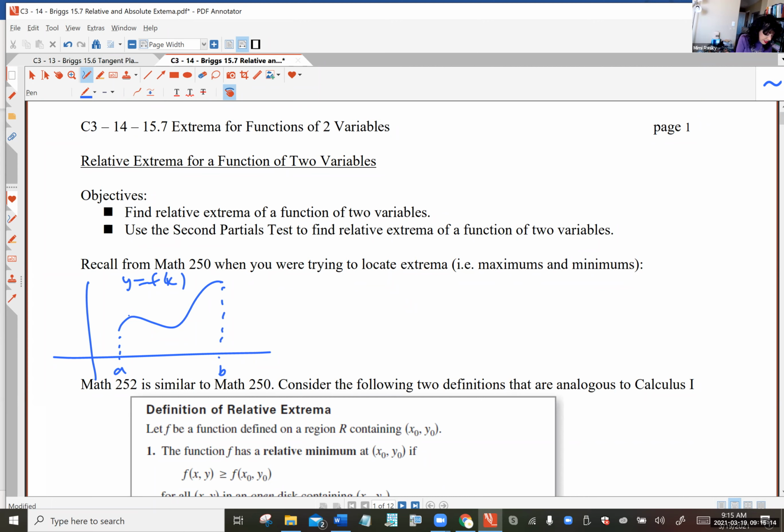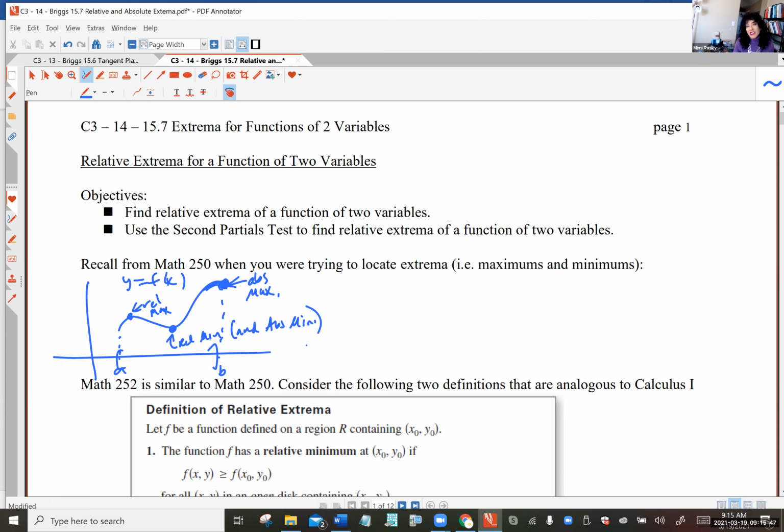So a relative maximum might be that guy right there, the top of a mountain. But if you were given a closed interval, you may be asked to find an absolute max. Even though it might not be the top of a mountain, or it might be, that's the absolute max. Now, the absolute min here is the same as the relative min, because it's the smallest y value there on the block.